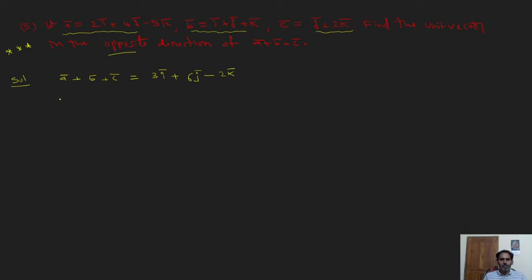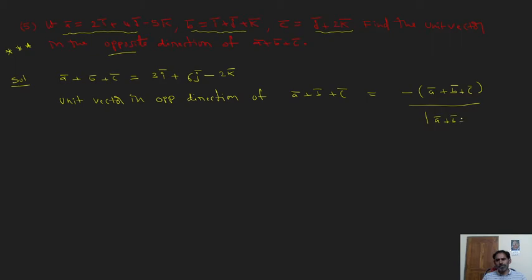Now the formula. The unit vector in the opposite direction of A bar plus B bar plus C bar is minus of A bar plus B bar plus C bar by the magnitude of that vector. Here the vector is A bar plus B bar plus C bar, so for the unit vector in the opposite direction we should add minus.